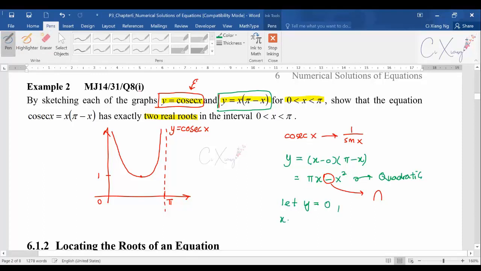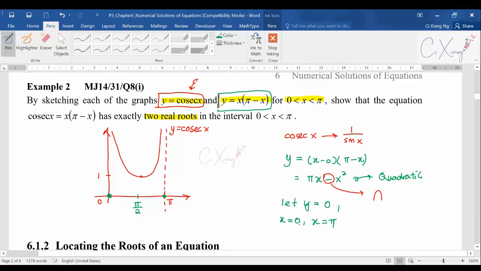And what you get for the value of x is x equals 0 and also x equals pi, which means your graph will pass through x equals 0 and also x equals pi. Also, because it is a quadratic curve, both of these are the roots. You should know that the maximum point will be between the roots, which is pi over 2.